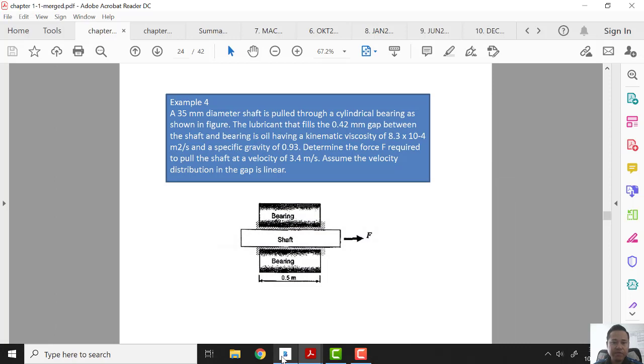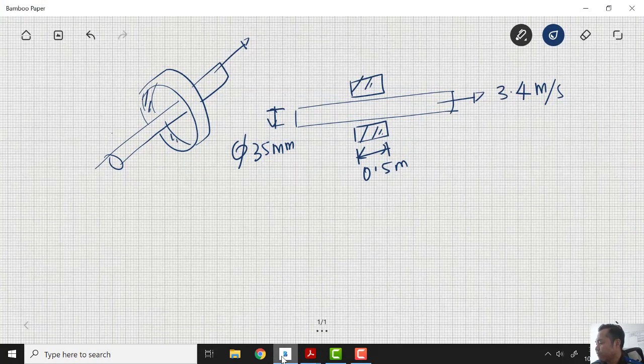The gap between the shaft and the bearing is 0.42 mm, and we have the kinematic viscosity and the specific gravity.